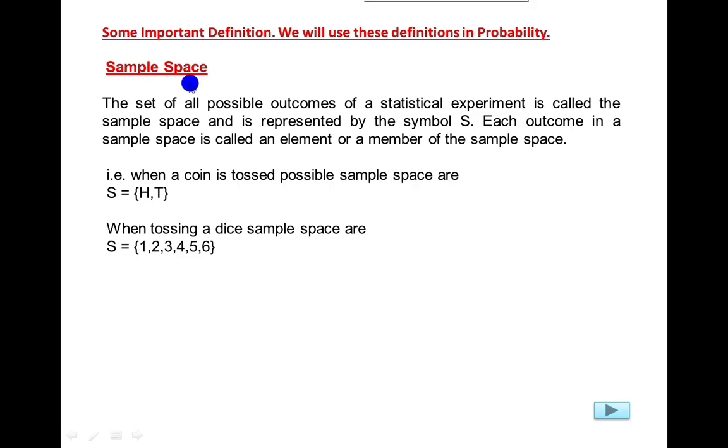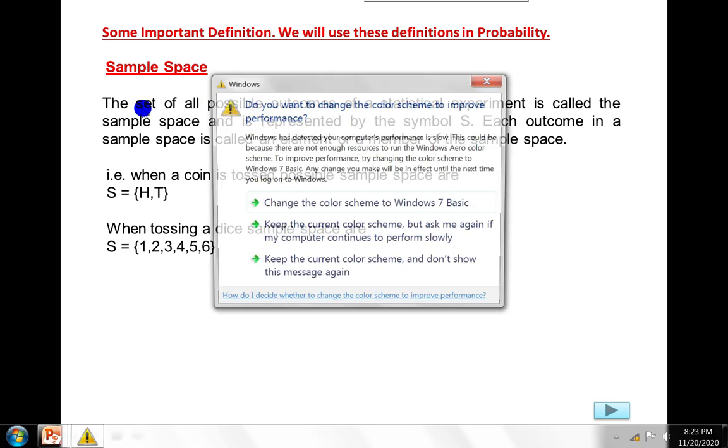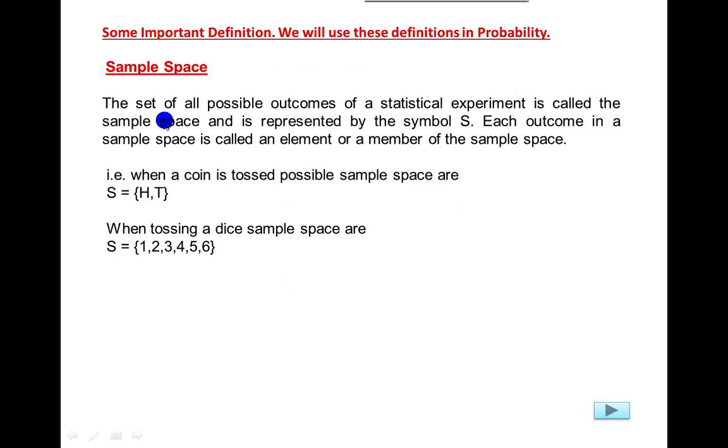The definition of sample space is the set of all possible outcomes of a statistical experiment. Each word is very important. Set: you have used this term in mathematics.